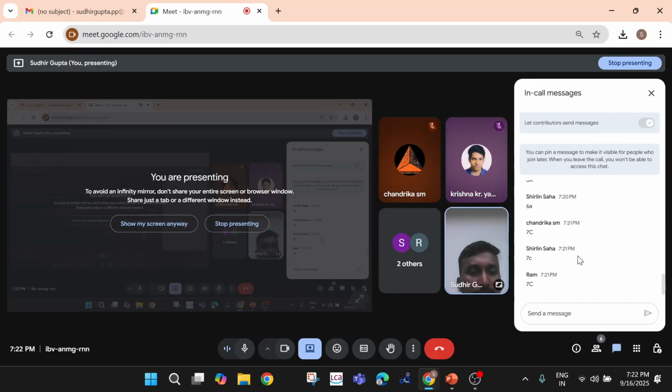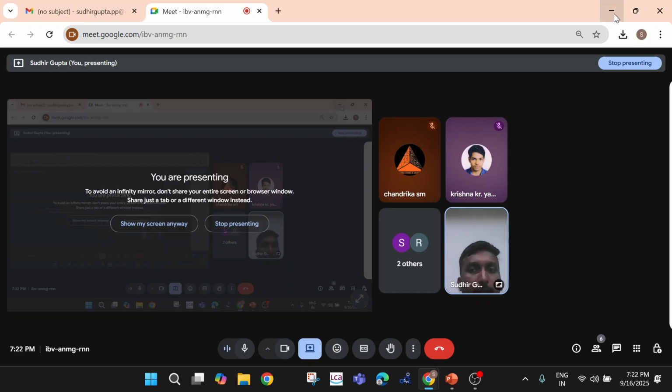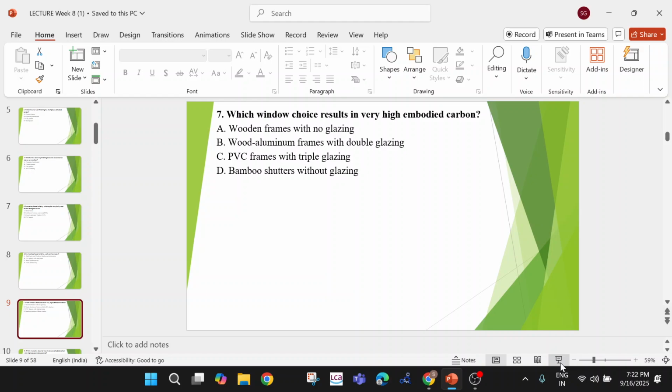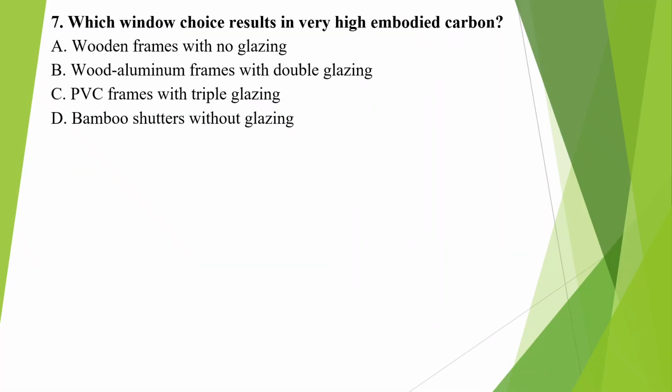Yeah, so as I can see, Chandrika again is the first to answer, and all of you are voting for option C, that is PVC frames and triple glazing. So this option C is the correct answer. All of you are correct.